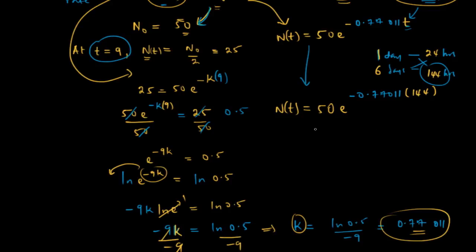So when you multiply this, that is your n of t. Let's go and check. Let's come back and use a calculator for that.